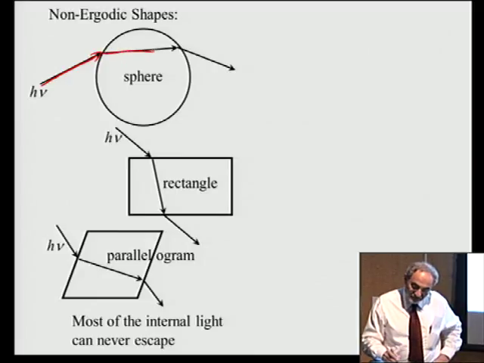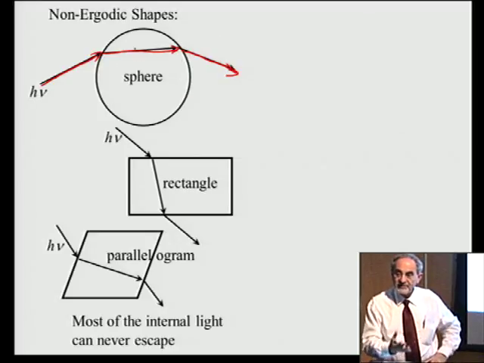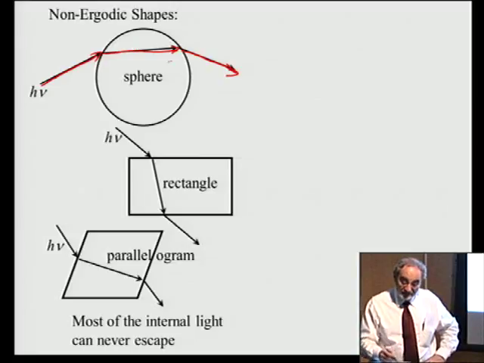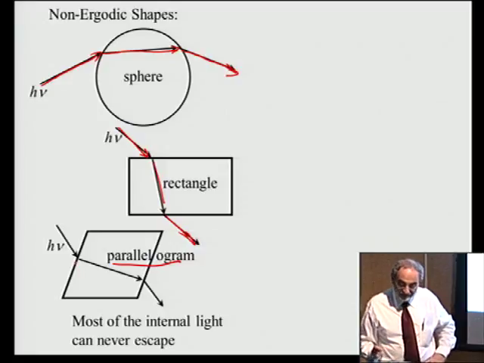That light ray will refract, but it'll then refract right back out again. So that light ray will not be able to explore all internal angles, and it will actually not get trapped. It'll go straight through. I already said a rectangle, the light goes straight through. You don't get the benefit of the light trapping. A parallelogram is just like a rectangle.